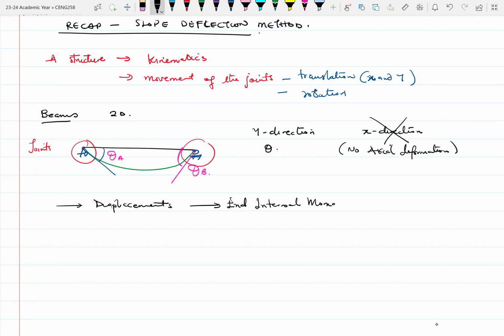And then from there, we use that to find the reactions. That's why it's called the displacement method. The reason is that we first formulate our equations in the displacement, with the general goal of first finding displacement.